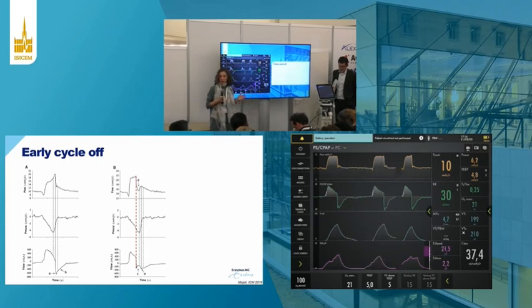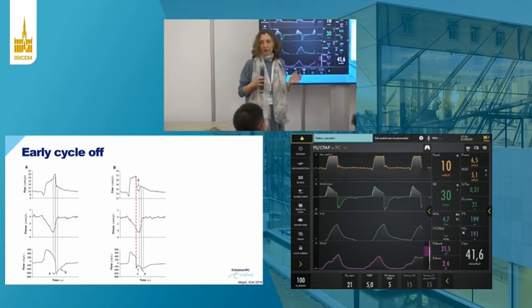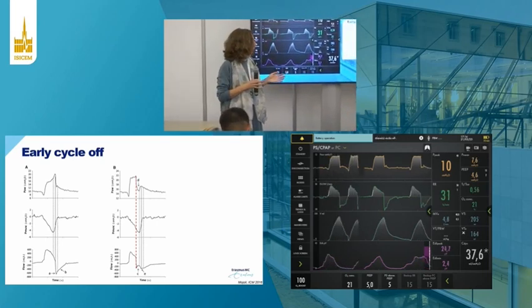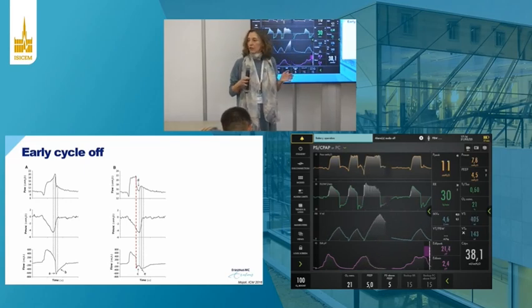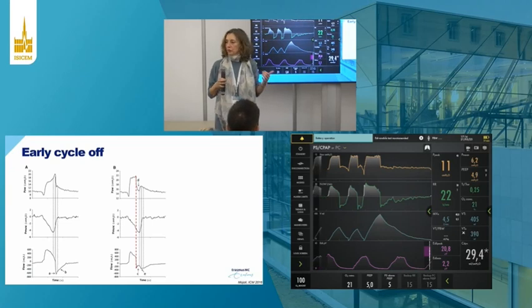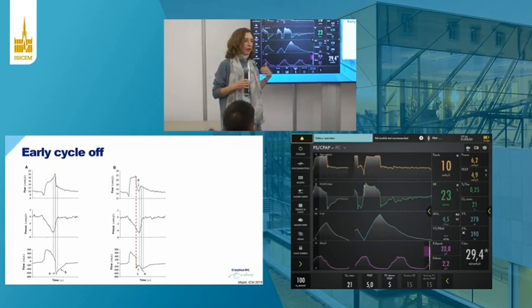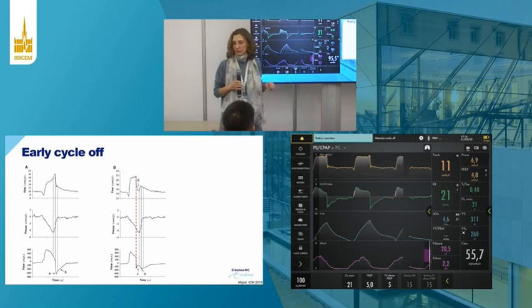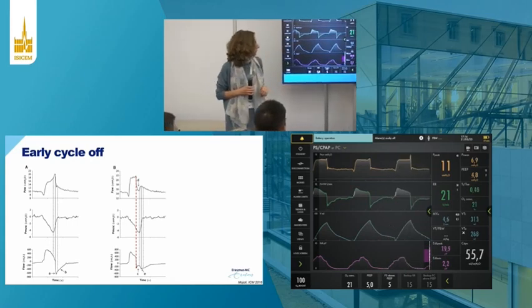The neural effort time is longer than the mechanical one. And what you need to do is increase the mechanical inspiratory time. So again, the first step is to decrease the cycling off criteria. Here it's much easier and safer to solve the problem just by managing the cycling off criteria.